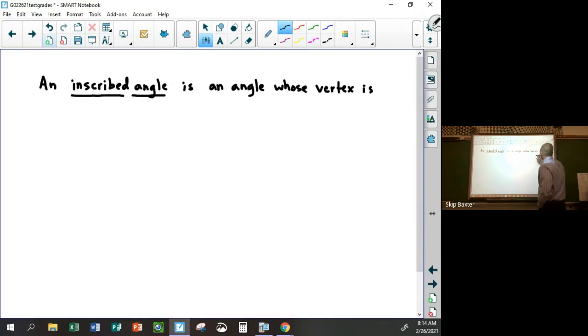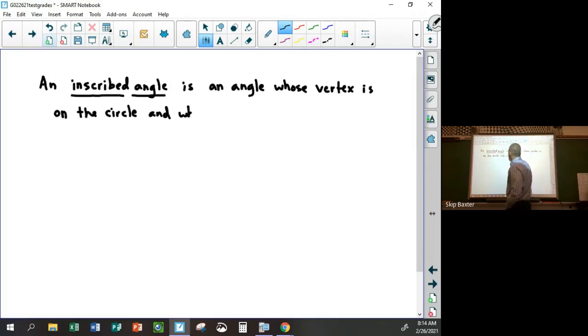Vertex is on the circle, and whose sides are chords.